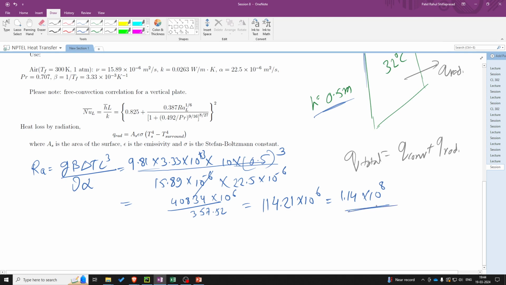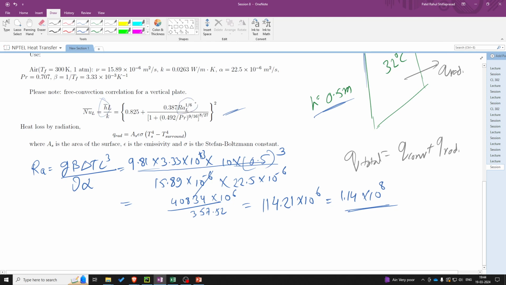This implies that we are not in the turbulent flow, that is, we are in the laminar flow. So for that we have been given this free convection correlation. We need to use that in order to find this h bar.